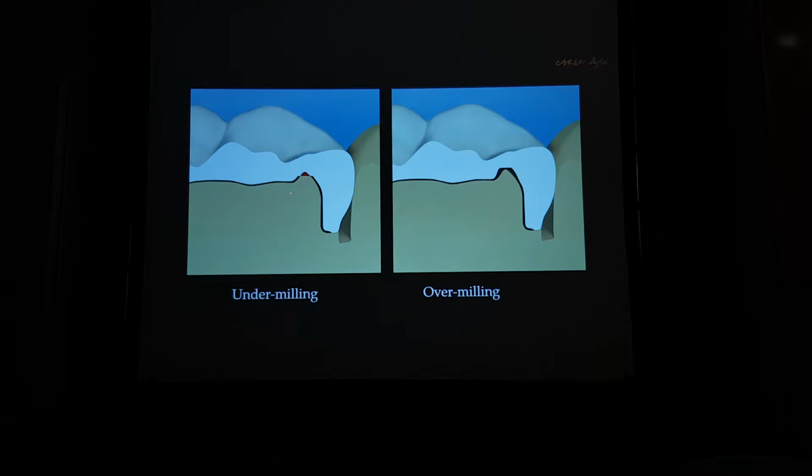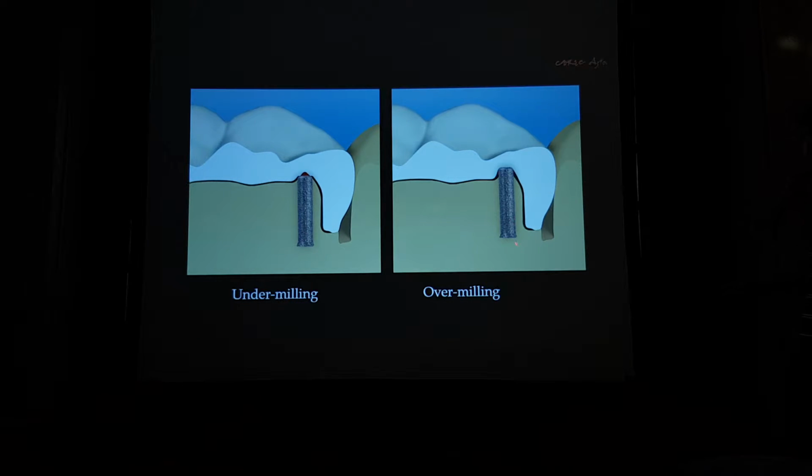So here's a sharp angle. What does sharp angle mean? It means the angle is sharper than the milling burr. Okay? So if anything is sharper than the milling burr, the machine has two ways. They have two selections. One is to mill less, so it is under milling.